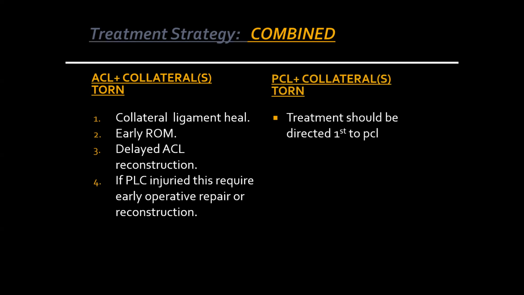If there's a PCL tear in addition to the collaterals, in addition to an ACL as well, we may consider doing a PCL first to reduce the knee joint, and then regarding the collaterals, we may consider doing surgical treatment as well.